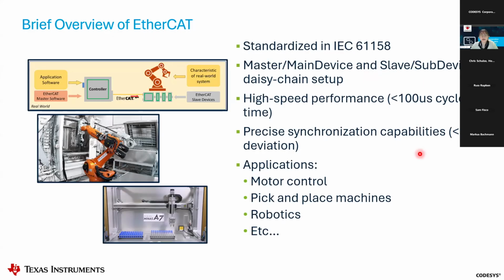The EtherCAT protocol is especially useful for applications like motor control and robotics, where strict deterministic and time synchronization requirements are necessary. And the protocol claims down to 100 microseconds of cycle time in terms of speed performance, and down to 1 microsecond of deviation in terms of time synchronization capabilities.